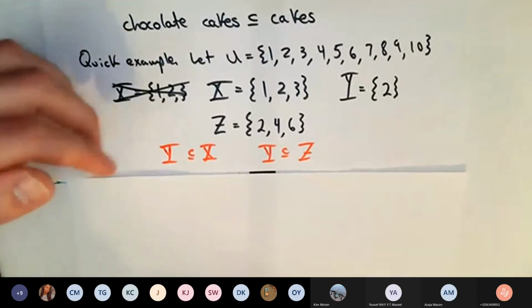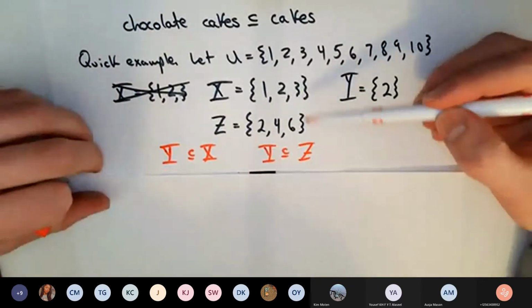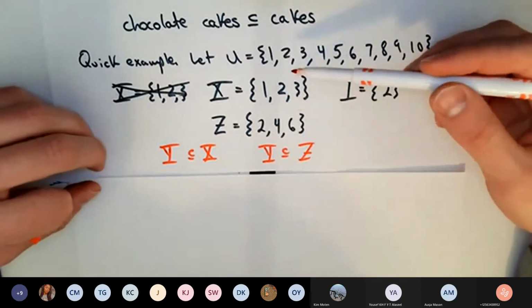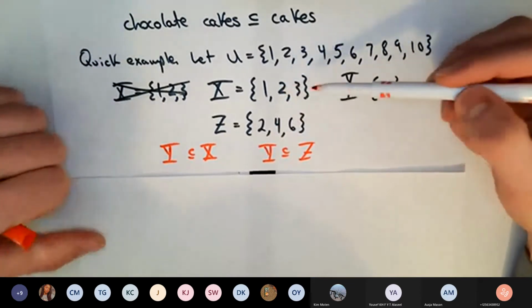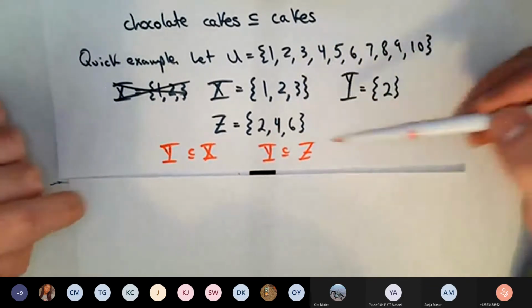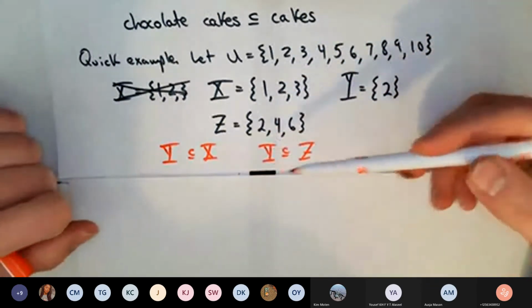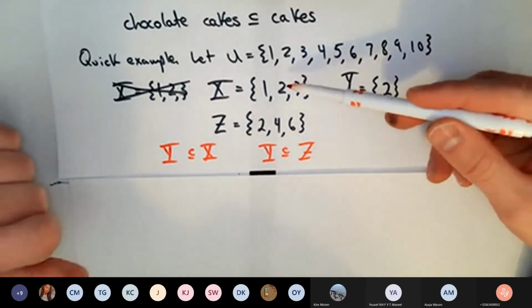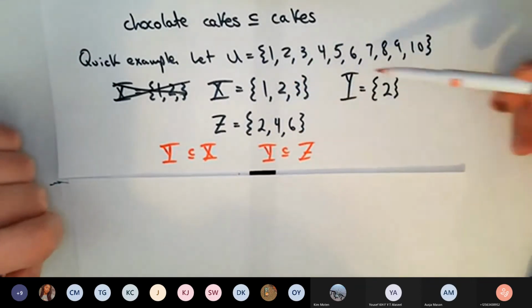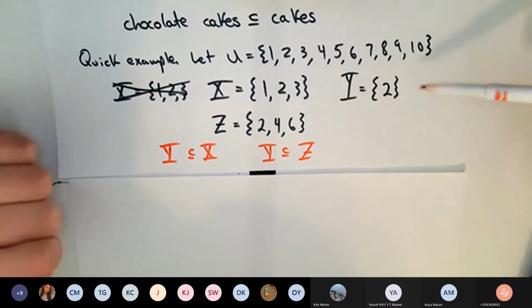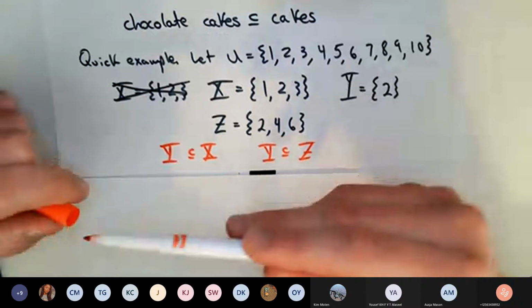And that's all we can really say here. While Z and X do share a common element of 2, they are not subsets of one another, because X contains things that Z does not, and vice versa. So all we can say, given these three sets, is that Y is a subset of both X and Z, because both X and Z contain the element 2, which is all that Y contains. Y is completely contained in X and completely contained in Z.